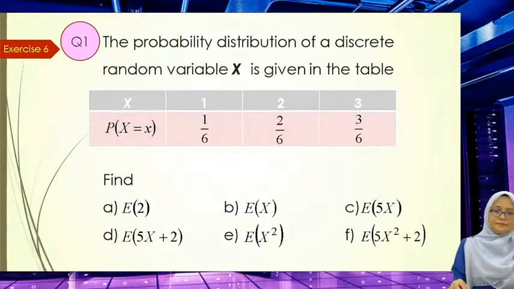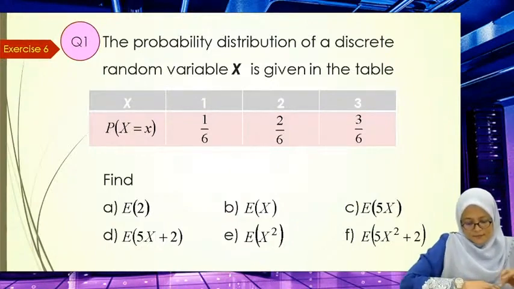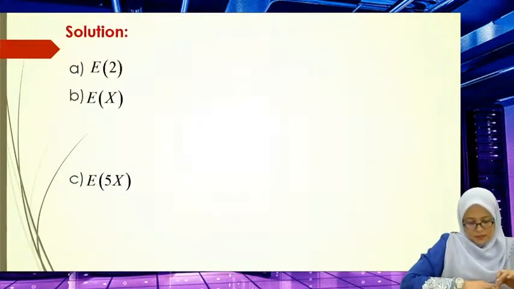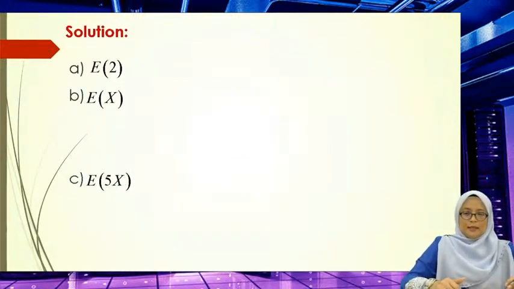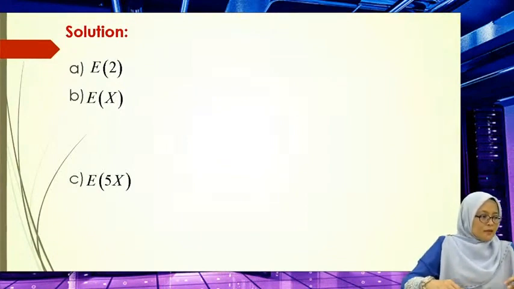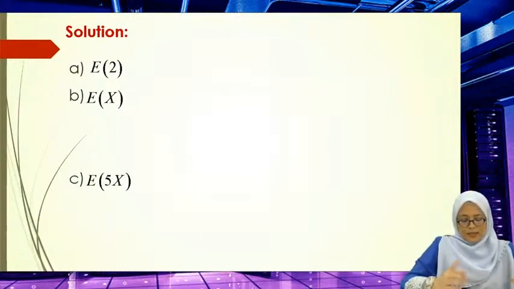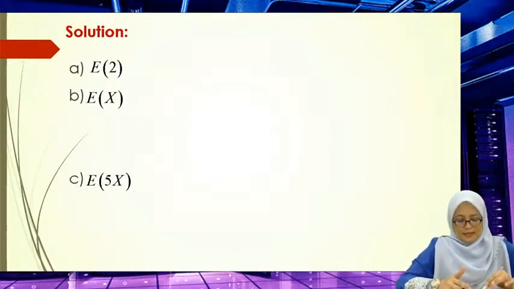Okay, so kita tengok dulu, kita nak cari expectation of 2. So kita tengok balik tadi, kita punya properties. Kita punya properties expectation 2, kalau kita ada constant, so ini tak payah calculate, kita akan terus dapat sama dengan nilai constant dia 2.